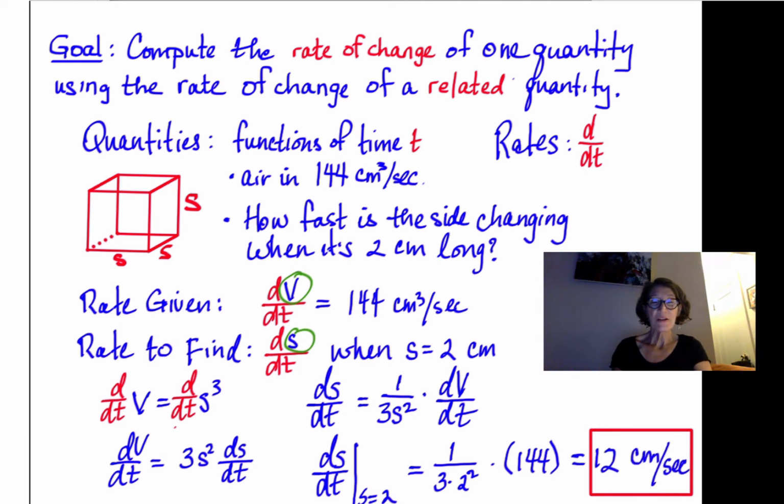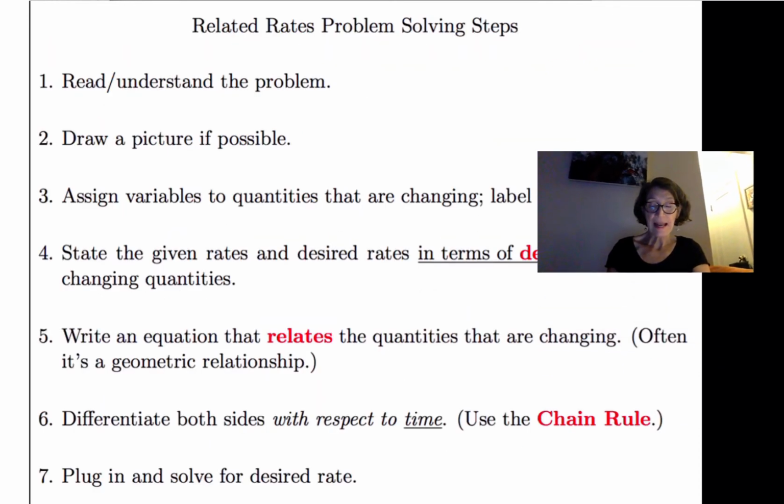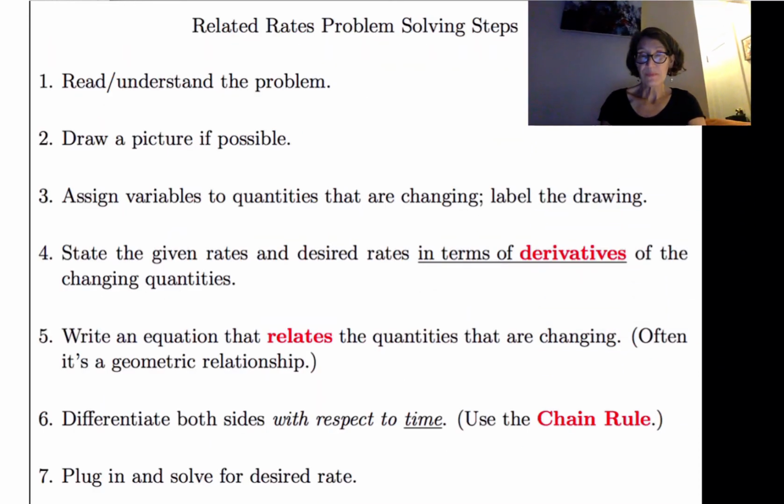So that's a brief example, a relatively simple one. We're going to do at least 3 more videos after this, but I want to outline the steps. The steps in any related rates problem look like this. It's a word problem, so always the first step is to read and understand the problem.